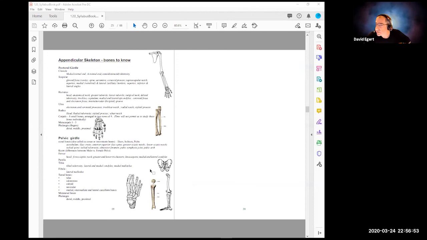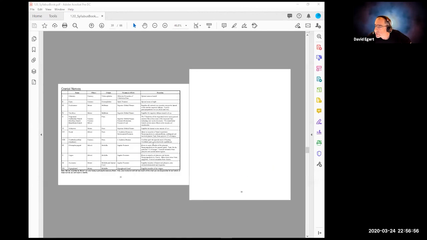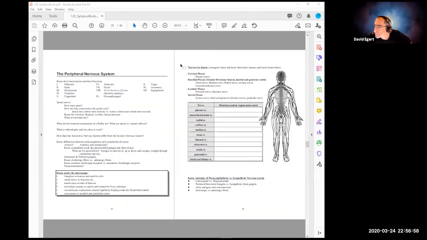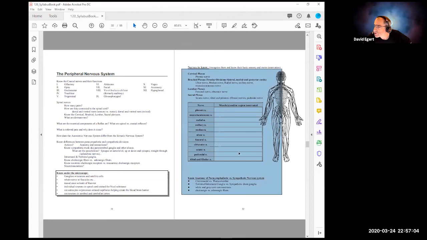Oh, there it is. So then we go here, this nerves to know. So right in here, this is just showing you which nerves you need to know. Think about which muscles they innervate and regions.